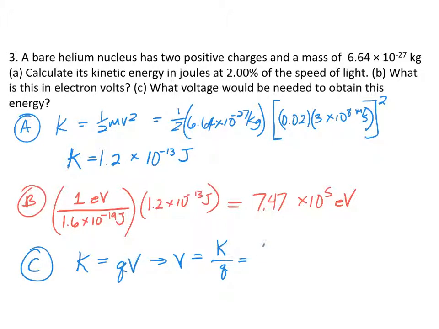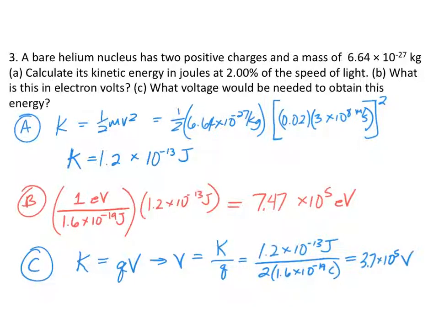So I'm going to go back to that 1.2 times 10 to the minus 13 joules, and then there's 2 of those fundamental units of charge in our thing there. And so joules per coulomb is what a volt is, and we get 3.7 times 10 to the 5th volts. So it's a lot of volts. That's 370,000 volts, 370 kilovolts.